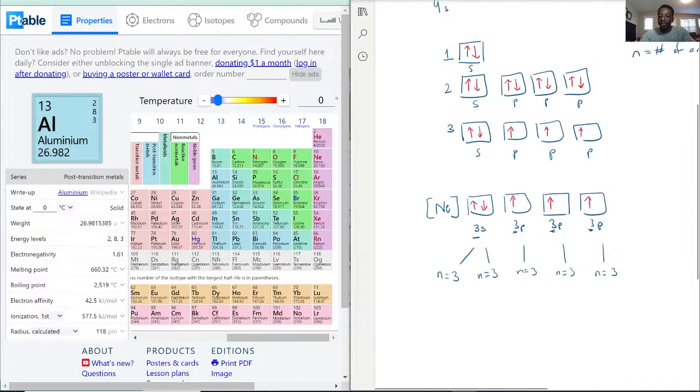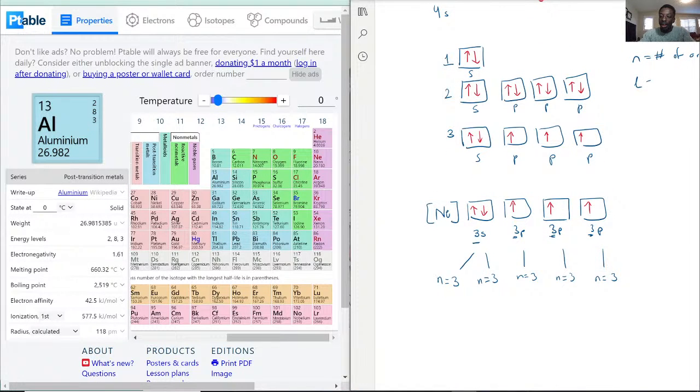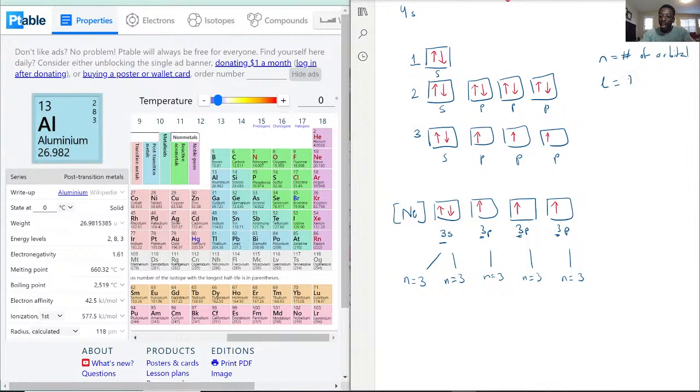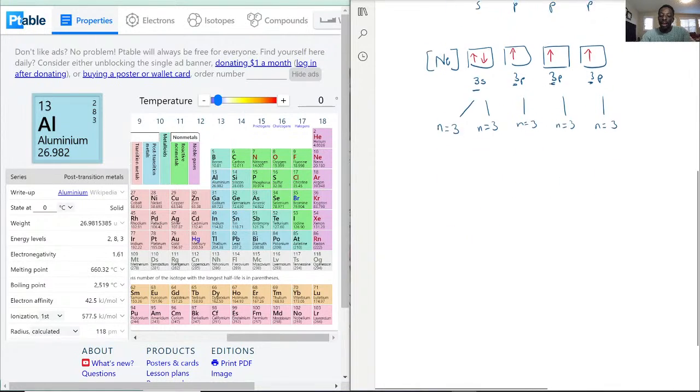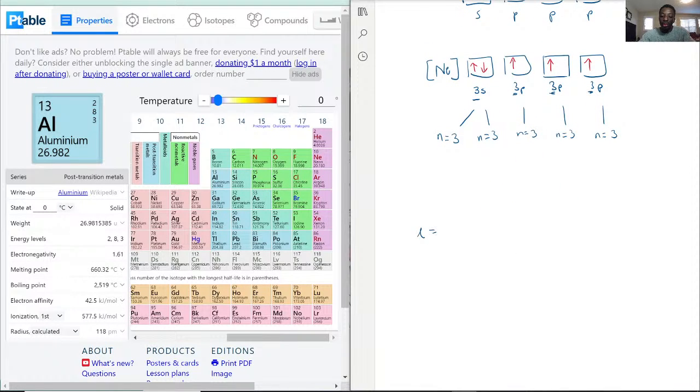Okay, and now L is the type of subshell. What I mean by that, they go through rules. If L is equal to 0, that's the S subshell, the first 2 columns.